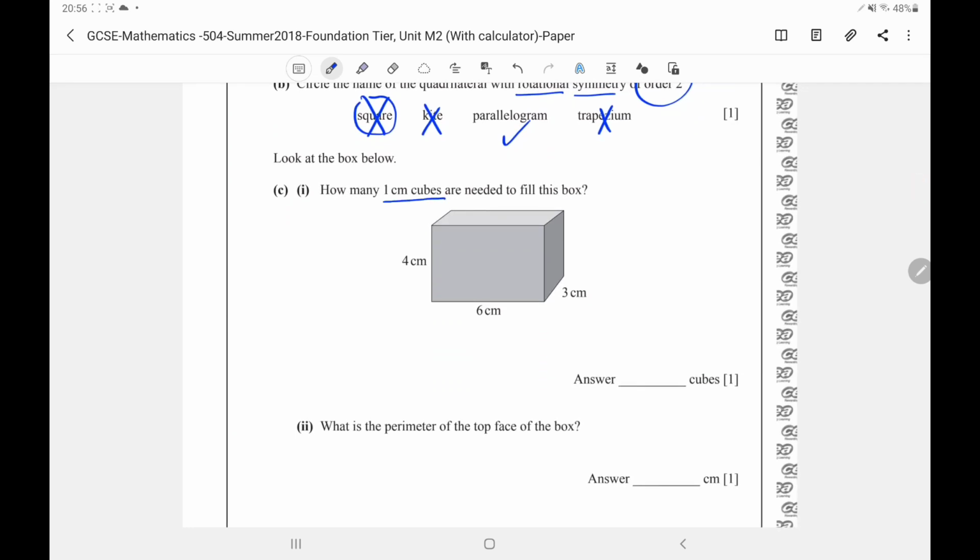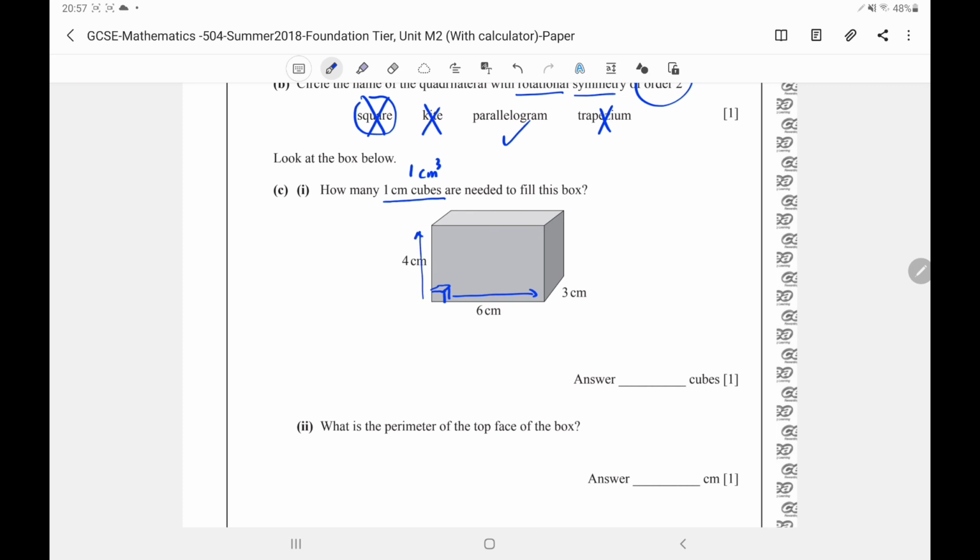Okay, next one. How many 1 centimeter cubes are needed to fill this box? So a 1 centimeter cube is getting us to think about volume here. Now, a 1 centimeter cube will fit down the bottom left and then all the way across.